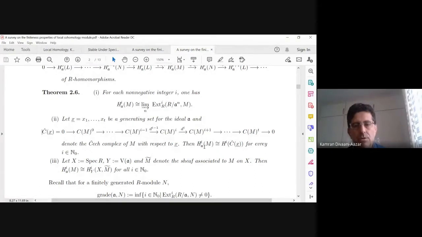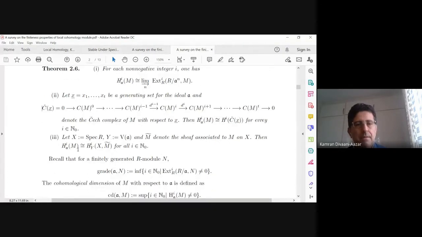Then the ith local cohomology of M with respect to A is just the ith homology of the above complex. So this is a very useful result because readily we can see that after t and before 0, we don't have any homology for that complex. So local cohomology can be non-zero just when i is greater than or equal to 0 and less than or equal to t.